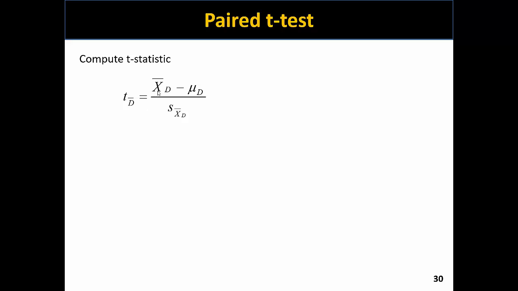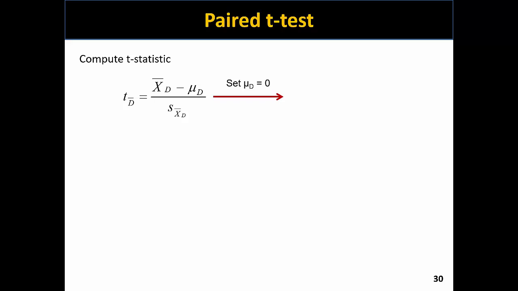That's going to be equal to the average difference minus mu of D. Mu of D refers to the difference in both sets of scores among the population. And we're going to divide that by the standard error of the mean differences between the two sets of scores, where the capital letter D is used to indicate a difference.